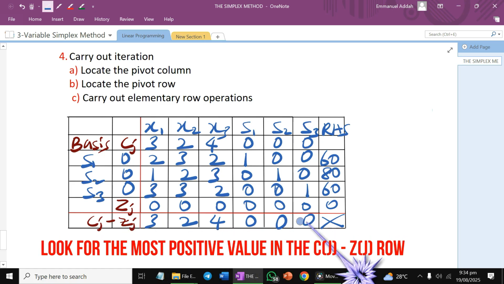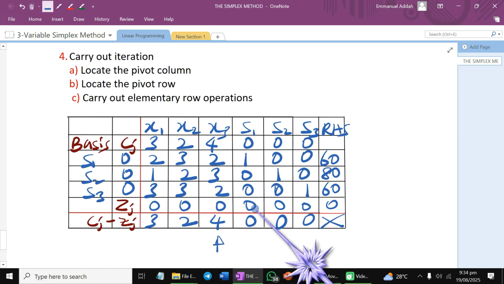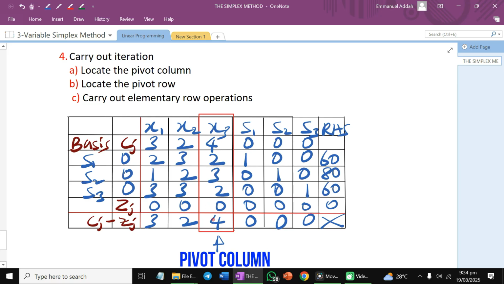In this case, we have it as 4, so x3 should come into the basis. It is the greatest value in the cj minus zj row. And so this is known as the pivot column.